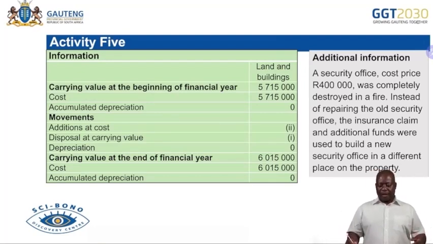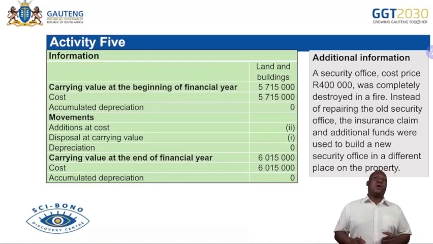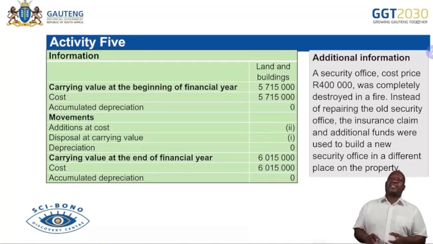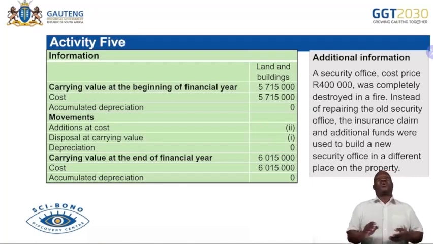And then they said instead of repairing the old security office, which is completely destroyed, they took the insurance claim money and additional funds and used them to build a new security office in a different place on the property. So we have another security office now, but we don't know how much, because they are saying they took the money from the insurance plus additional funds. We don't know how much that is.